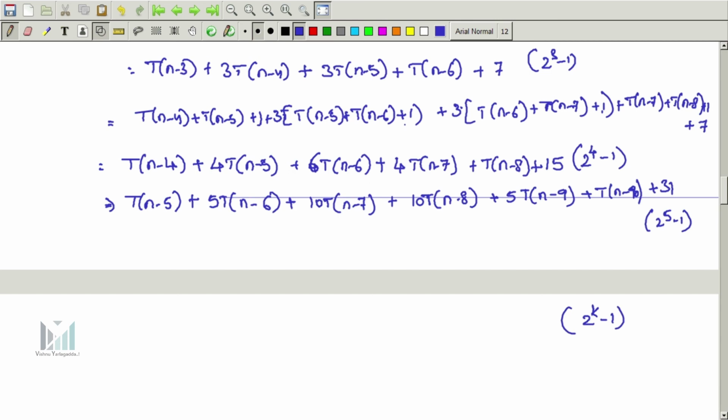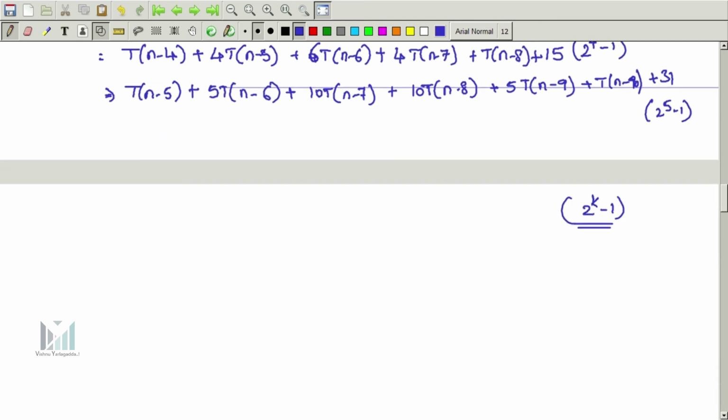Whenever all are T of 1s, it will be 2 power k minus 1 operations that we are going to do. 2 power k minus 1 is almost equivalent to 2 power n. If k equal to n, it is 2 power n minus 1, which is equivalent to 2 power n.